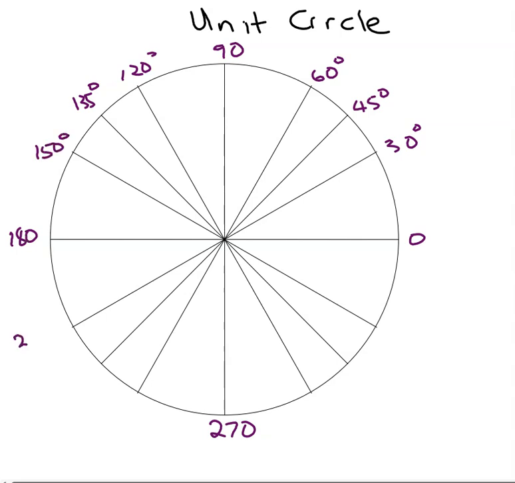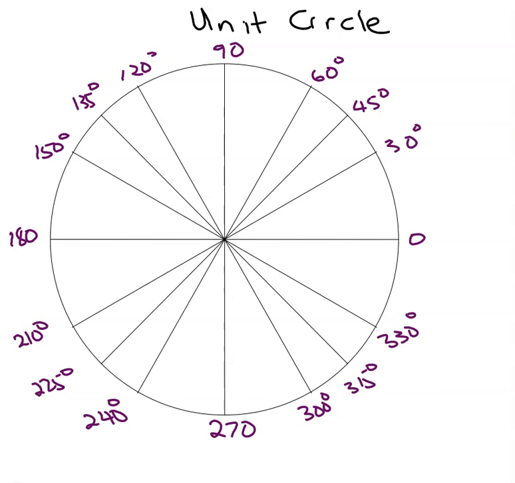Here we should have 210 degrees, 225 degrees, 240 degrees. This is 300 degrees, 315 degrees, 330 degrees. So most students are expected to know basically the sine, cosine, and tangent of all of these angles.